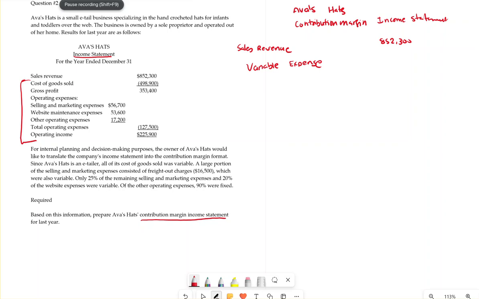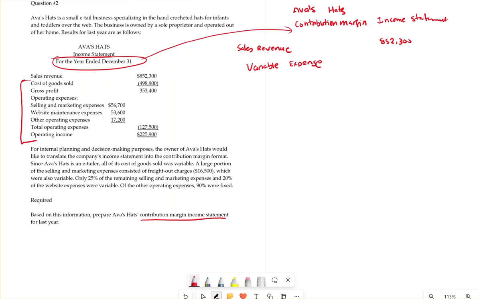You have to separate them, and you need to do what the question is asking you to do. So let's read the question and see if we can prepare our contribution income statement, for December 31st, so that doesn't change.